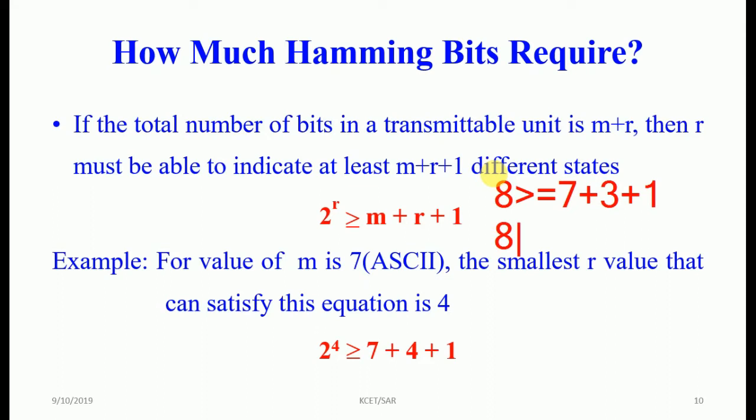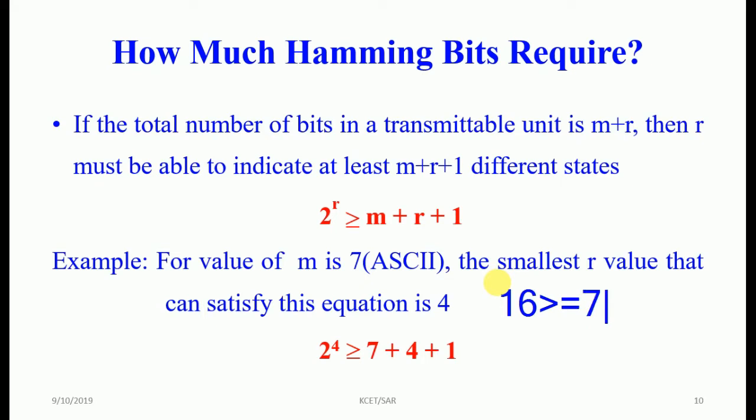What is the answer? 8 greater than or equal to 11. Is this condition satisfied? No. Then we substitute 2 power 4, that means r equal to 4. 2 power 4 is equal to 16, greater than or equal to 7, the ASCII bits we are choosing here, plus 4 plus 1.